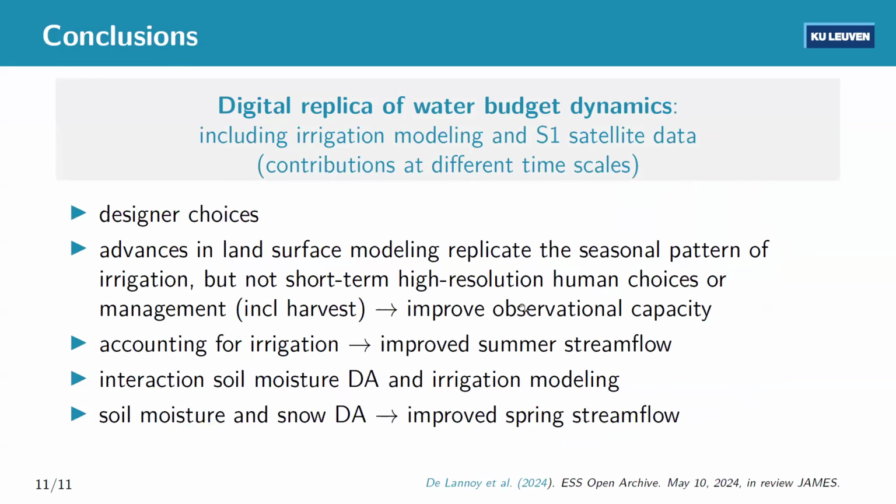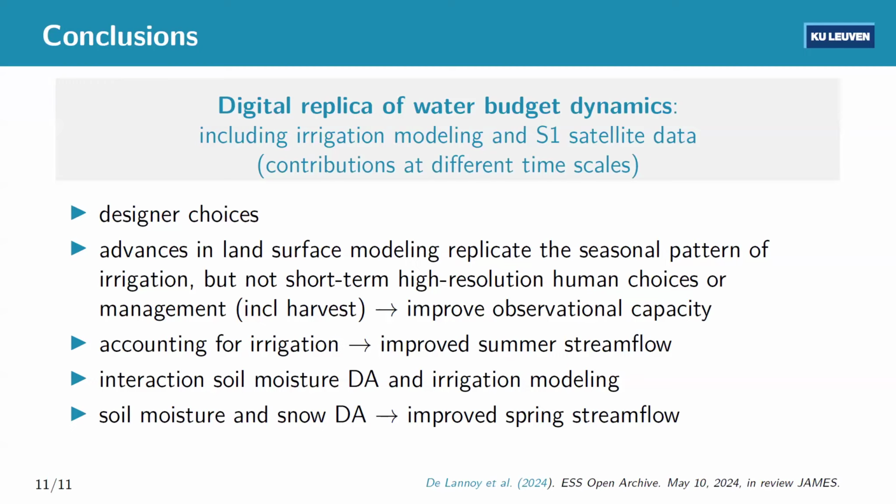Okay, so to conclude, we made several digital replicas of the water budget dynamics by including irrigation modeling and Sentinel-1 data assimilation. I hope you understood that designer choices are important here. The advances in land surface modeling, meaning here irrigation, they help to improve the seasonal pattern, but we cannot mimic human choices, such as when is irrigation happening.